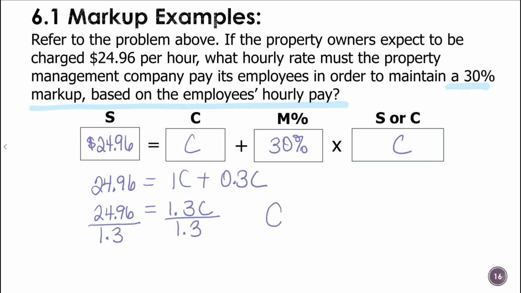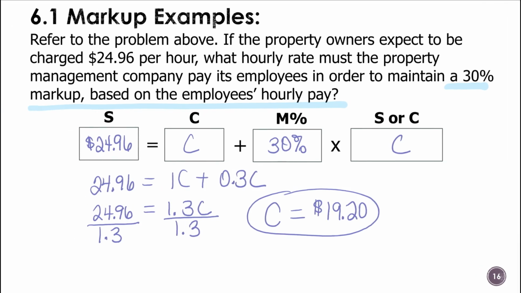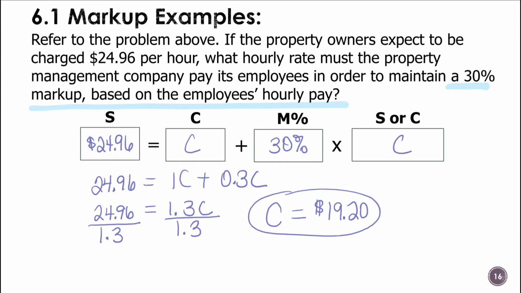And so cost is $19.20 per hour, right? And that is employees' pay for this particular scenario. Okay, so that is the end of this lesson, and I will see you again on section 6.2.